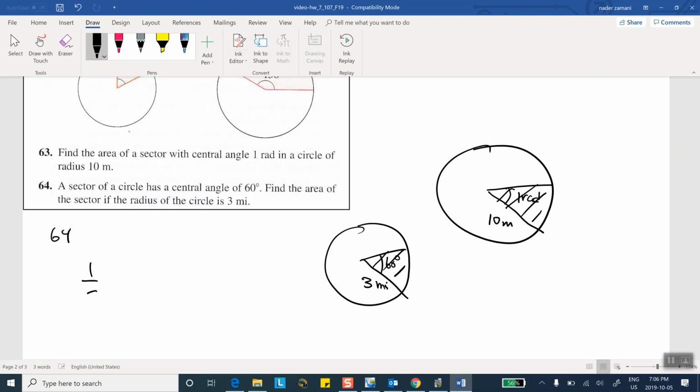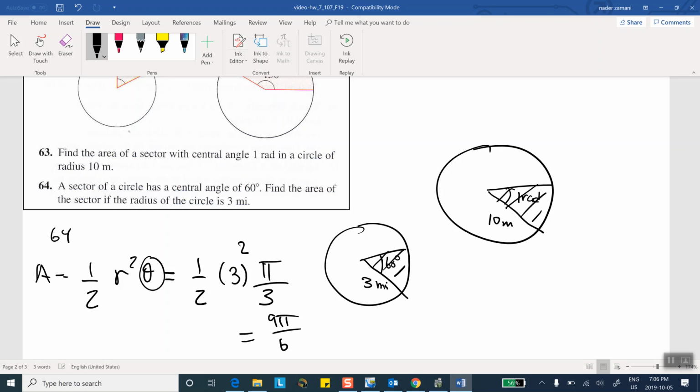Area is equal to 1/2 r squared times theta. 1/2, radius is 3, so 3 squared, and theta in radians. 60 degrees in radians is pi over 3. So this is going to be 9 pi over 6, or if you divide by 3, you get 3 pi over 2.